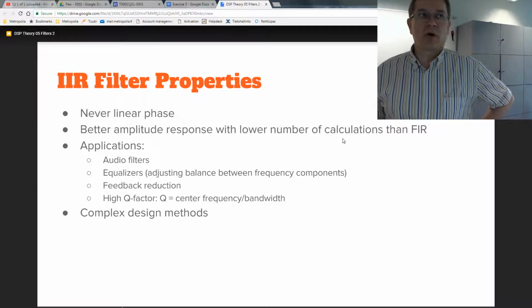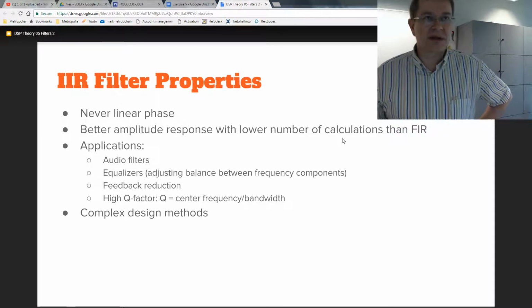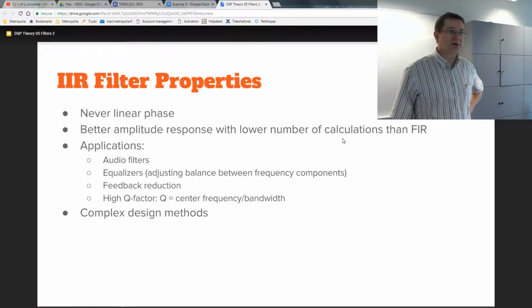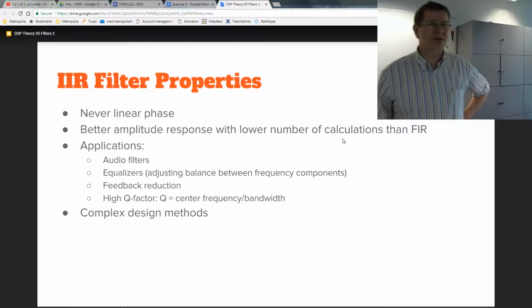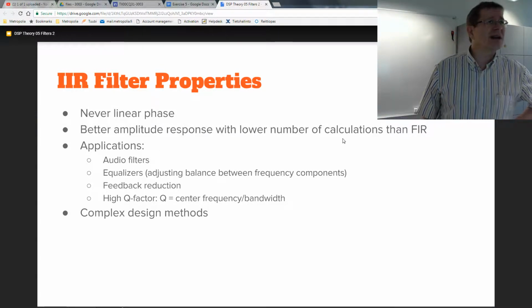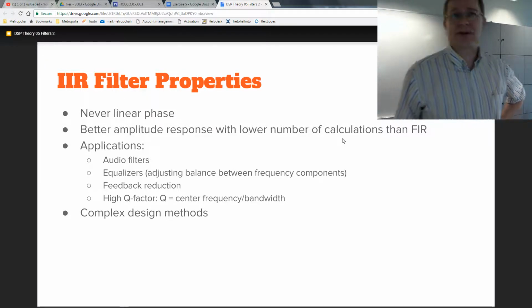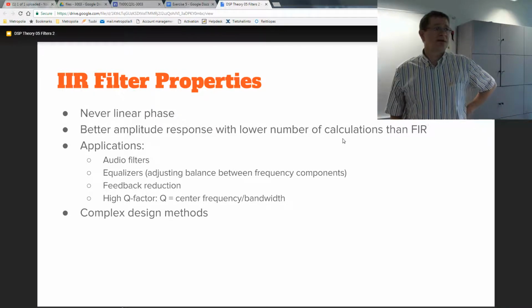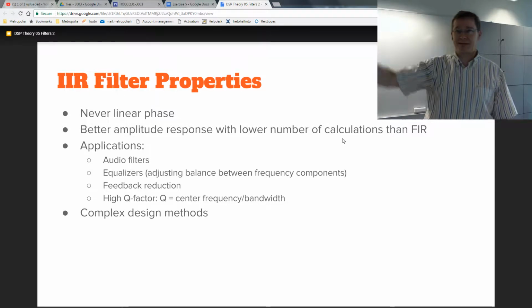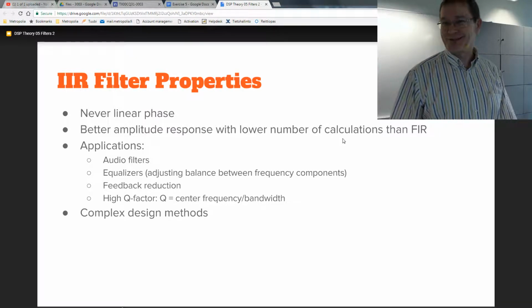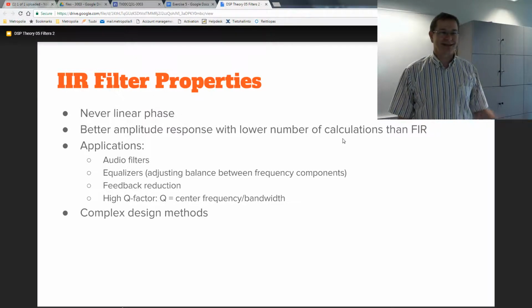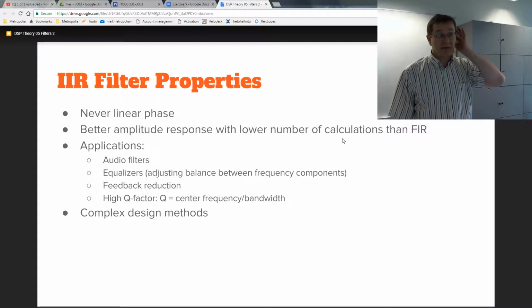So in that sense, it's more effective if you are interested only in the amplitude response. For example, audio is an excellent example where you almost never use FIR filters unless it's a special need. For example, sampling is easiest to do with FIR, but otherwise you would do it with IIR systems for several reasons.